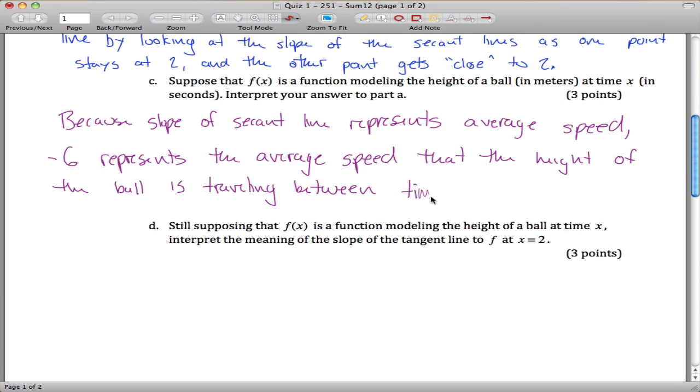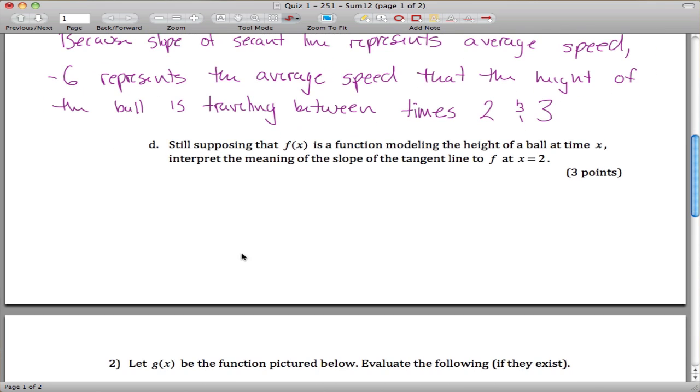Between times 2, I guess we're talking about seconds, and 3. Something like that.